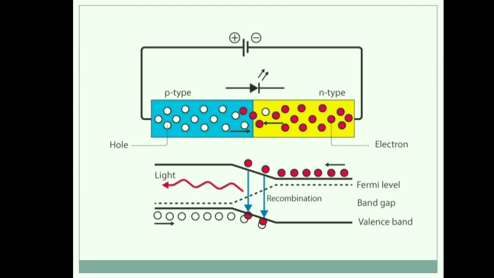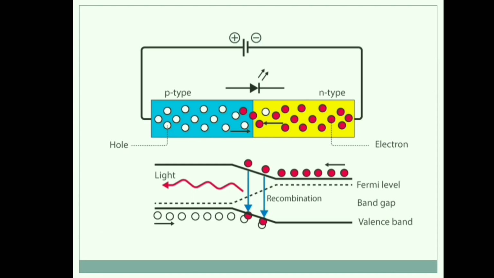Now after some time, obviously the electron from the higher energy state will come back to the lower energy state, and during this process they will lose some energy, in the form of either heat or light. So this process, the electron coming back to its original state, or we can say a recombination process, is happening, and then they release energy. This is what is happening in the working process of an LED.